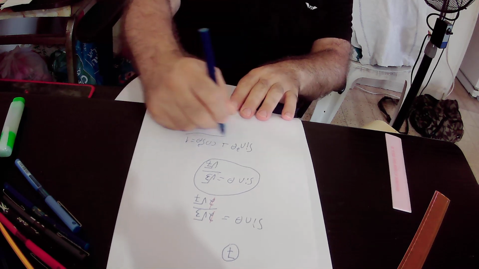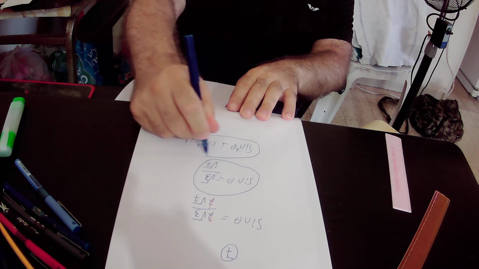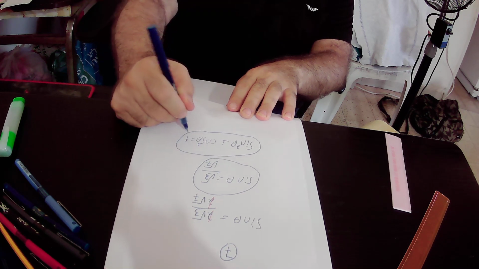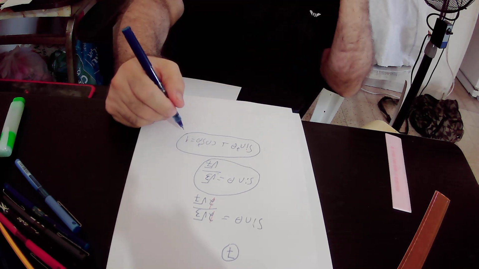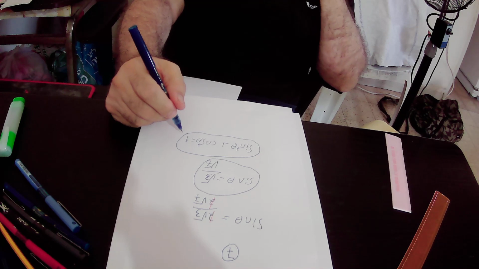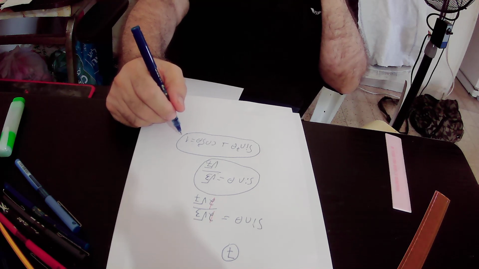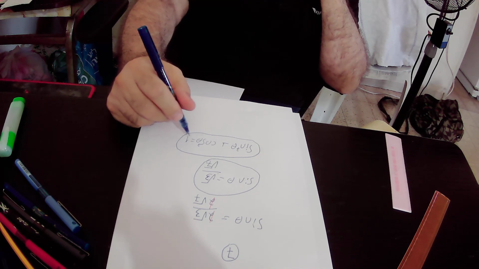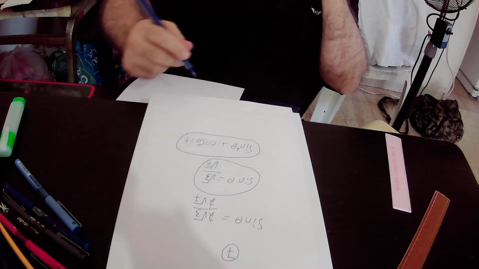Actually, this is a trigonometric identity, and we can use it in order to find the value of cosinus theta.